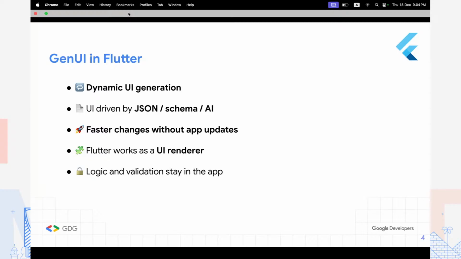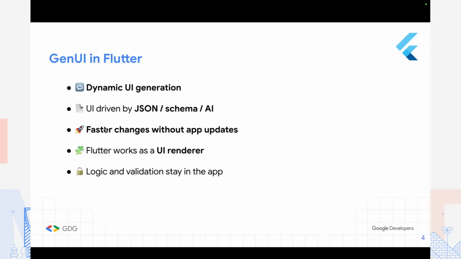The only thing is that in server driven UI, the backend developer controls the data, whereas in Gen UI, the AI controls what data is to be rendered. Now, this has faster changes without app updates because you just have to write a prompt of what changes you want to make in the application, and it will be automatically rendered in the UI.